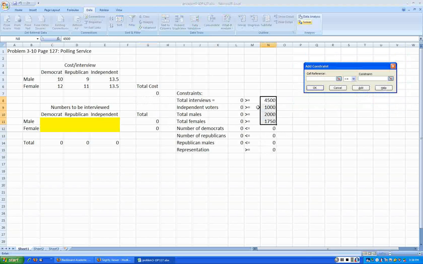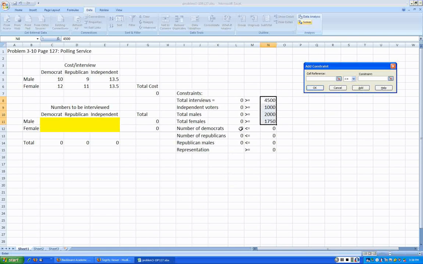Add the constraint. The total interviews, the first 4 of them are greater than or equal to. I can pass them as a block. Should be equal to this block here. Then add the constraint.